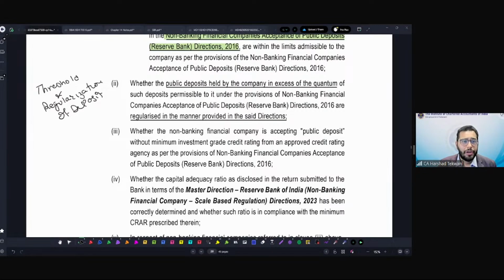I'll show you live examples of credit ratings, so that you can understand what a credit rating is and how credit ratings work.